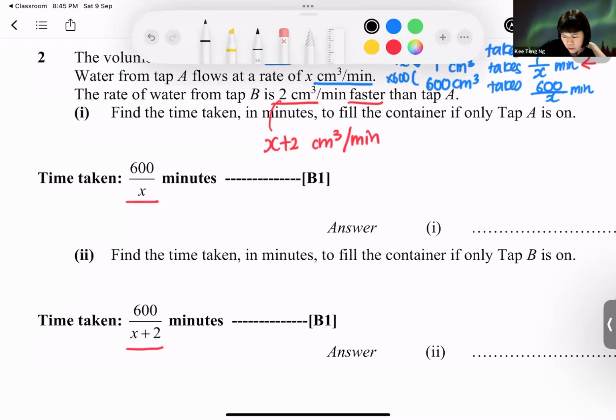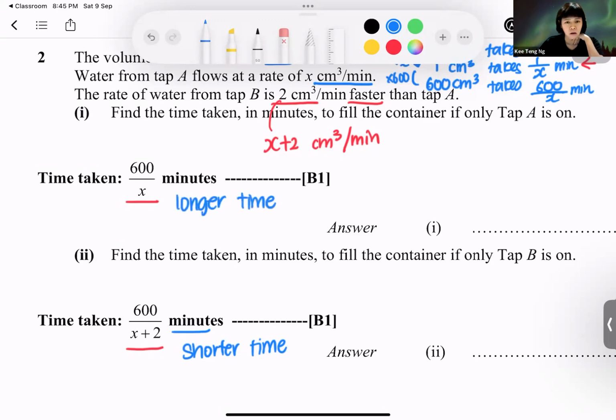Okay. And when we interpret such things, we need to know, ideally, which one is faster, which one is slower. So you know that tap B is actually faster, right? So this timing here will be a shorter timing because it's faster, right? Then the old one, that means tap A itself, will be a longer timing. Will take a longer time because it's slower, right?